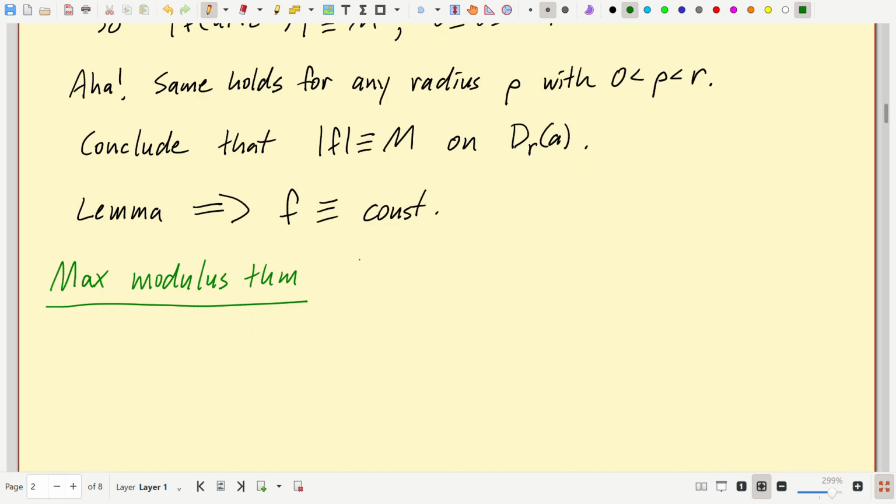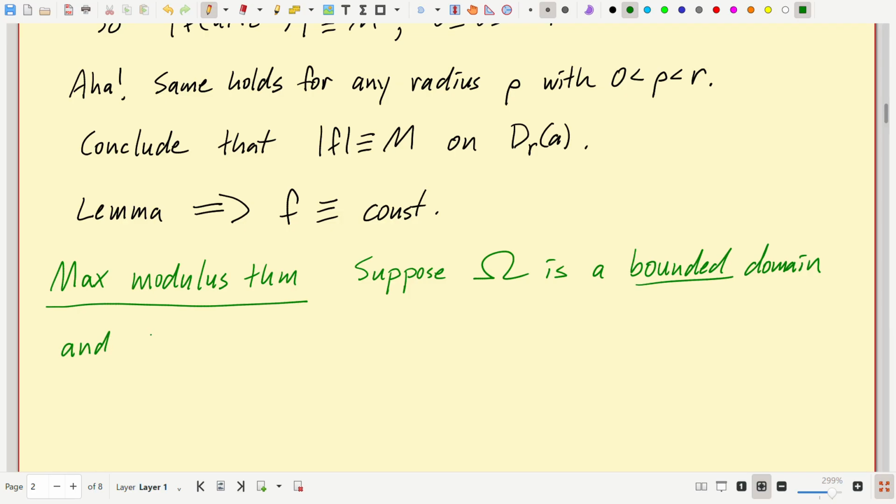Let's suppose omega is a bounded domain. That's important. And we need f to be continuous up to the boundary.